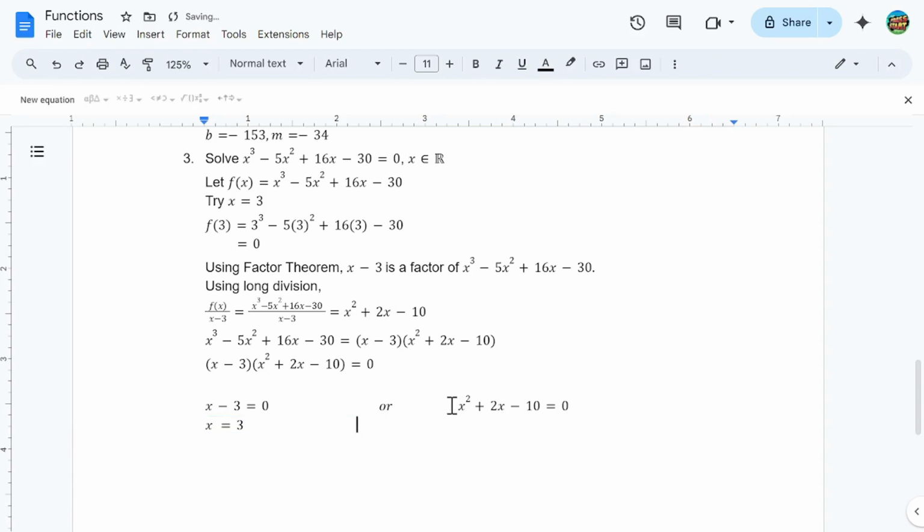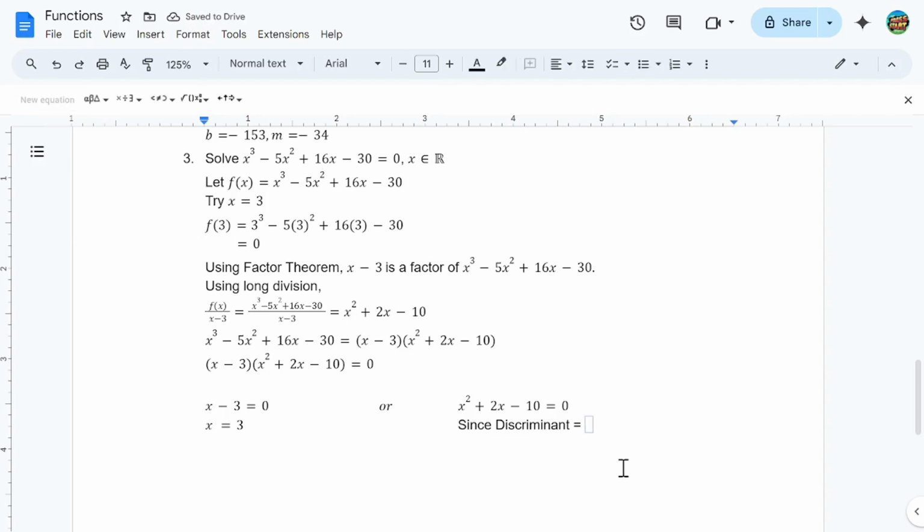And we can see that the discriminant of this quadratic equation is less than 0. So we can write this down. Since discriminant equals b squared minus 4ac.